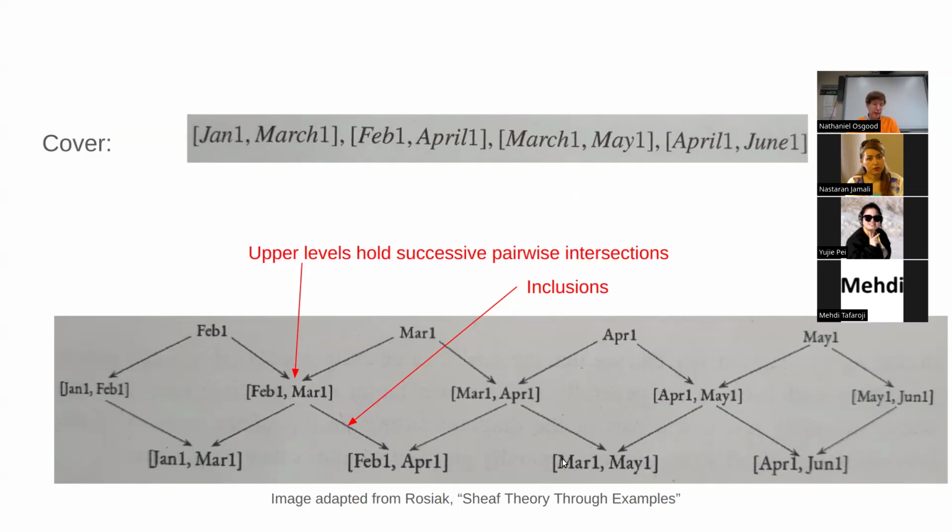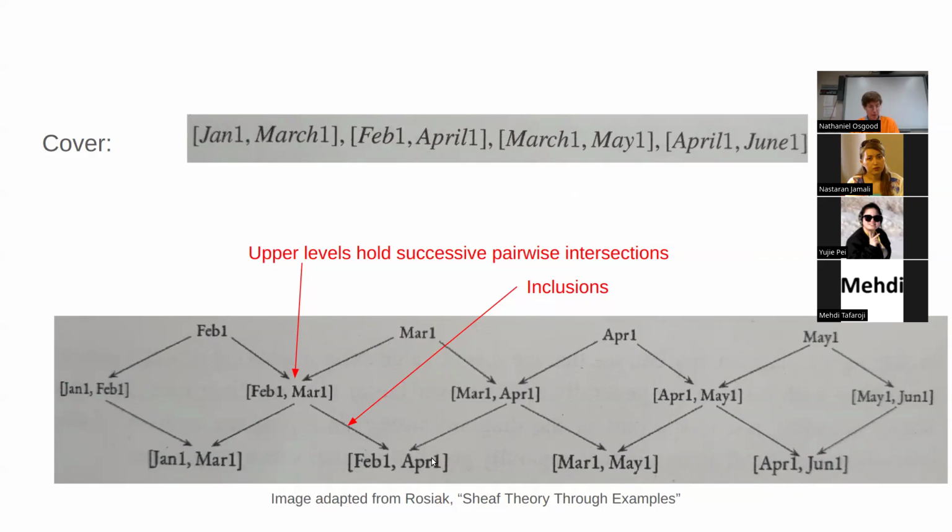Okay. Now, what he's showing from this kind of cover of this period of time in which we're interested is that he's constructing some subintervals. So if you take the intersection of this one and this one, for example, you get an interval between February 1st and March 1st, right?